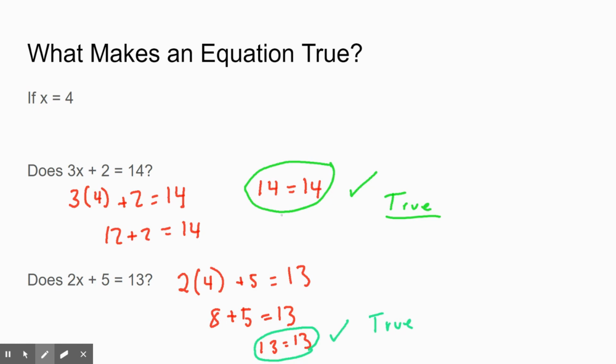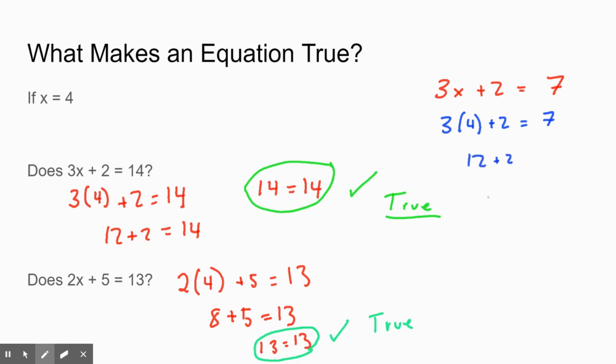So let's do one more. We'll just do it real simple. What if we have an equation that looks like 3x plus 2 is equal to 7, because I know that can't possibly be the correct answer. So we'll do the same thing that we've been doing again. We'll substitute in our expression there. 3 times 4 is 12.